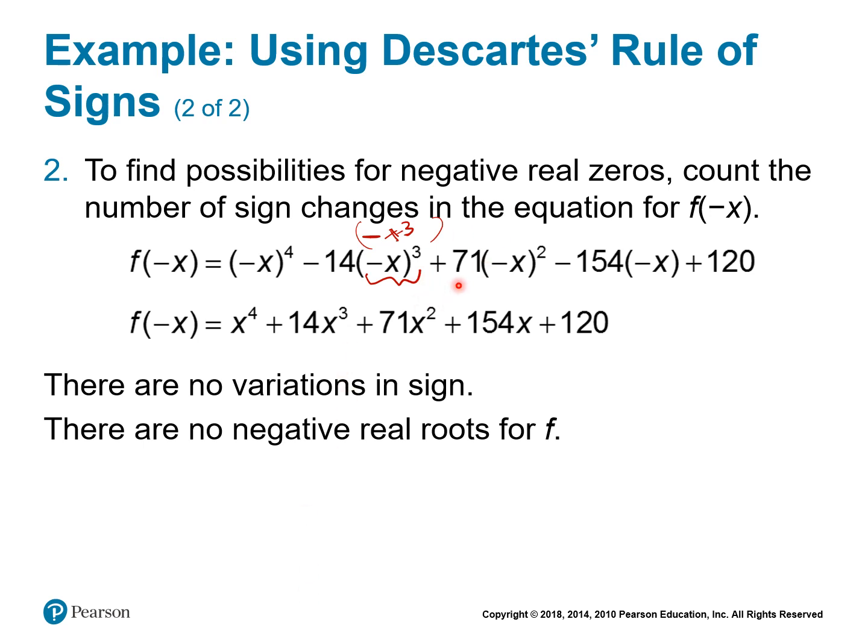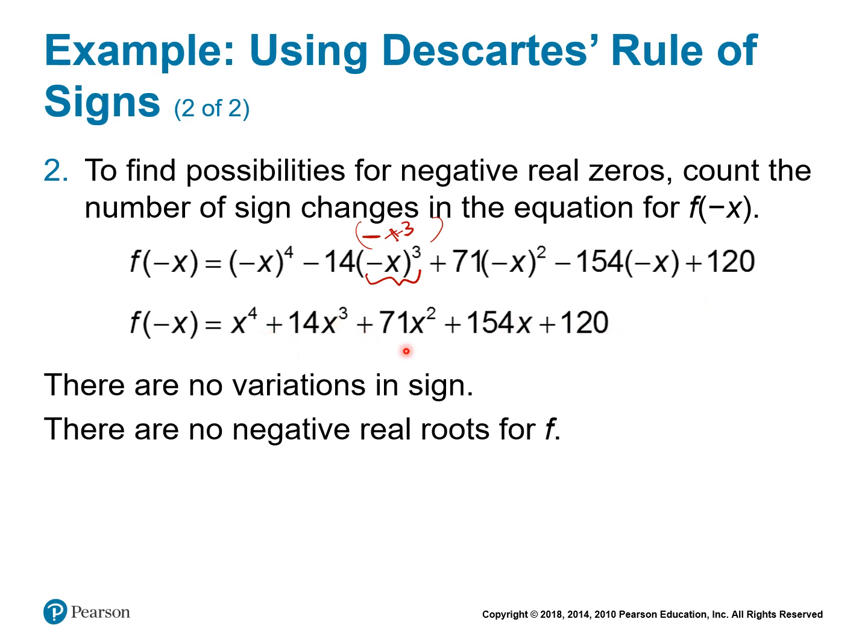And then we have plus 71 times negative x squared. This is an even power, so this will become positive x squared. So 71 times x squared is 71x squared, and then minus 154 times minus x is positive 154x, and then the last one is plus 120.